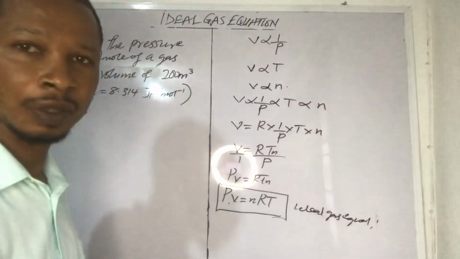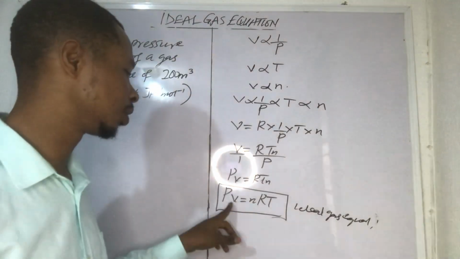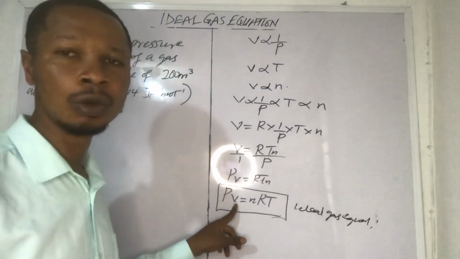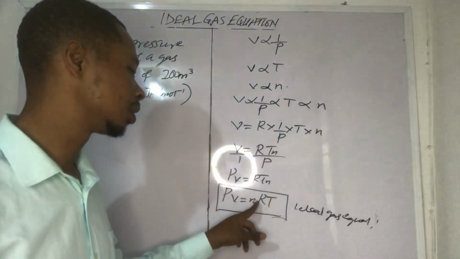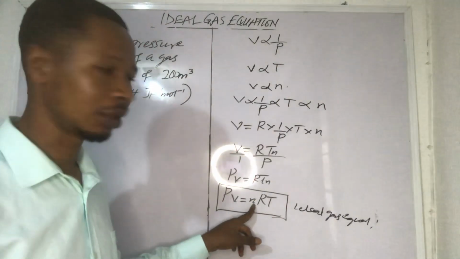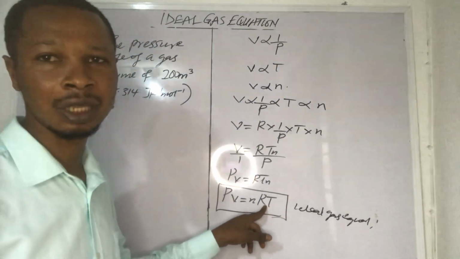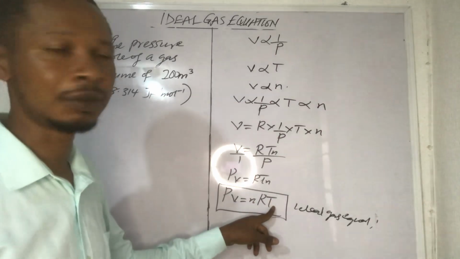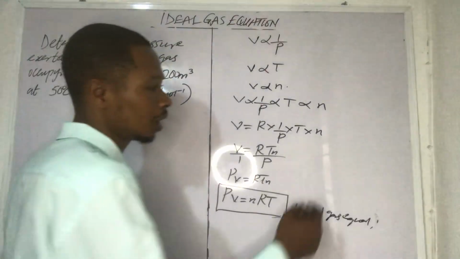This is our ideal gas equation, where P is pressure in Pascal, V is volume in meter cube, n is number of moles, R is the molar gas constant, and T is absolute temperature in Kelvin. And R has a numerical value.